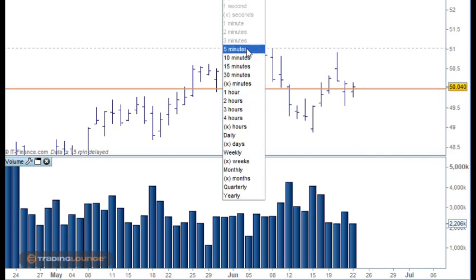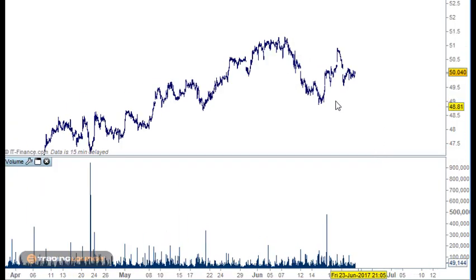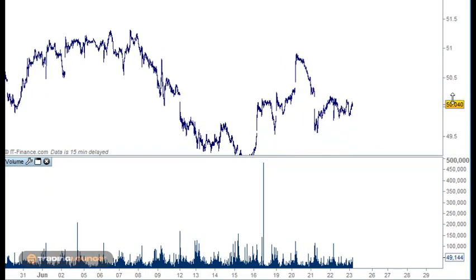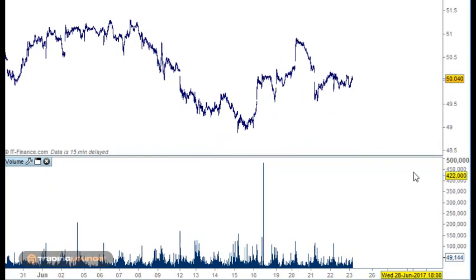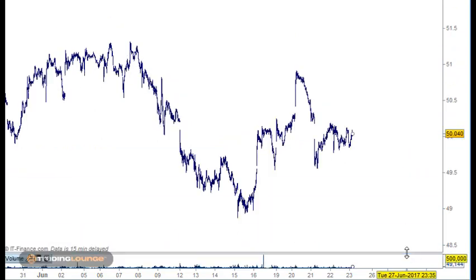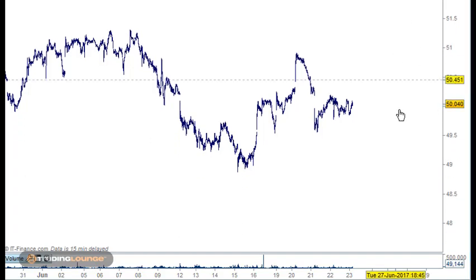I can go to the 5-minute chart here to look at this situation. So we know we've got our 50 in the middle here. That's our balance line.